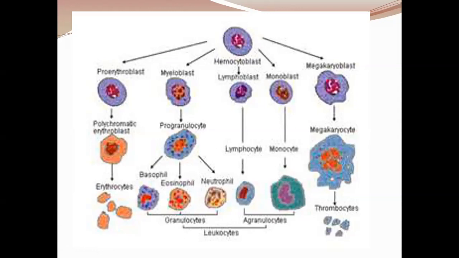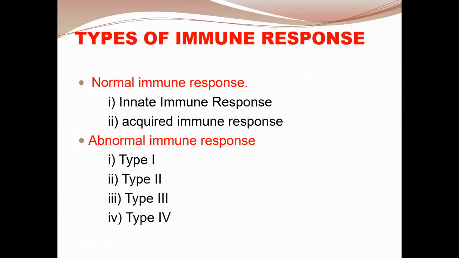Agranulocytes are the lymphocytes and monocytes. And all these granulocytes and agranulocytes put together are called leukocytes. Then the megakaryoblast goes to the formation of megakaryocyte, which results in the development of thrombocytes or platelets. So this is how the cells are generated through the bone marrow.